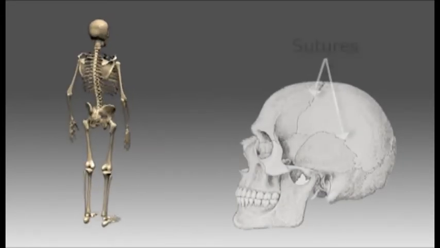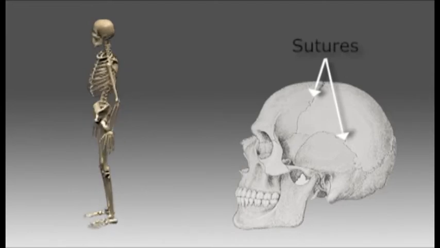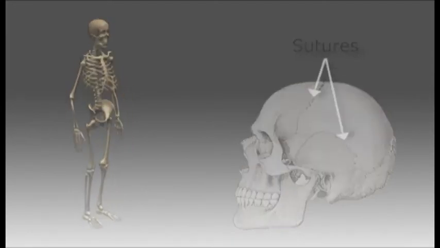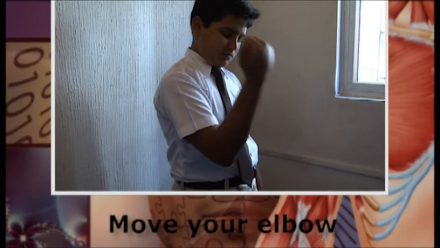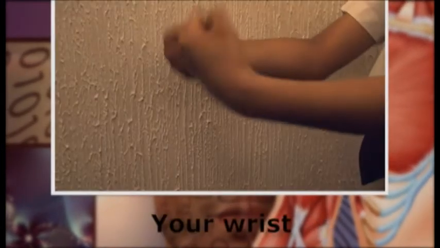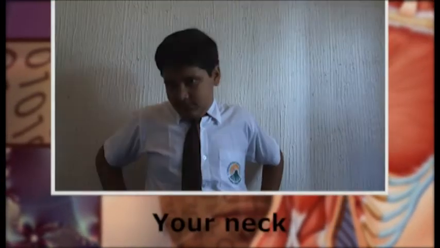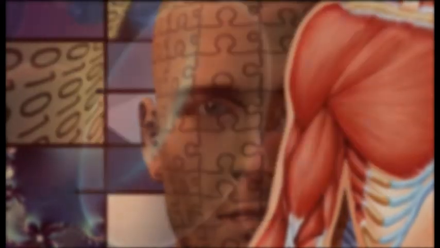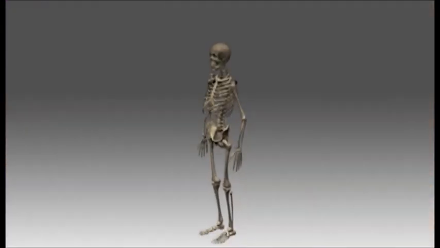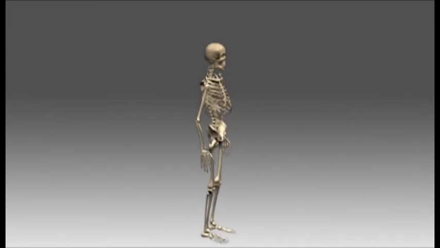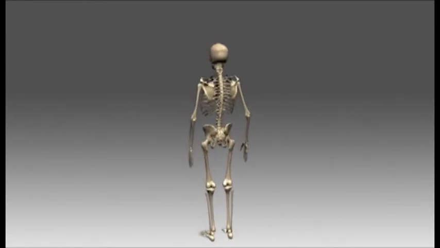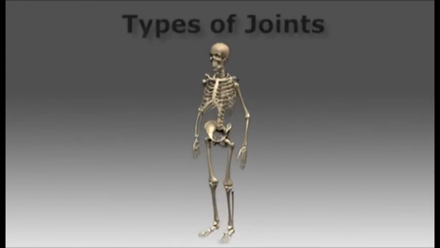These fibrous joints, called sutures, are observed only in the skull. Now, move your elbow, your wrist, and your neck. Since joints are of different types, they result in different types of movement. Let's look at the types of joints now.